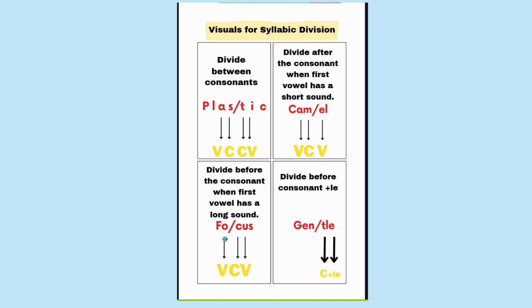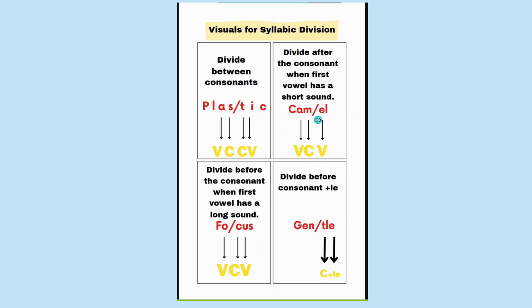So how do we know we need to divide after the consonant when the first vowel has a short sound, and before the consonant when the first vowel has a long sound? You just need to say the word in front of your child, camel or camel.